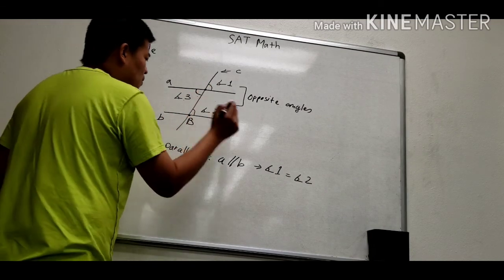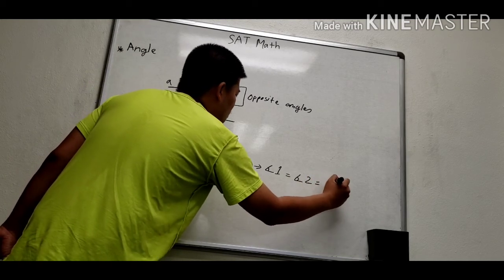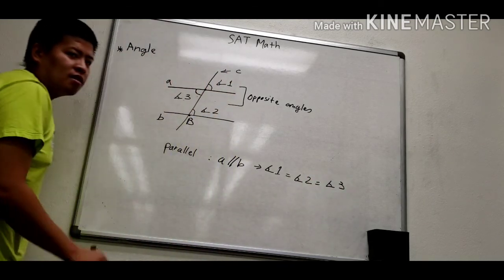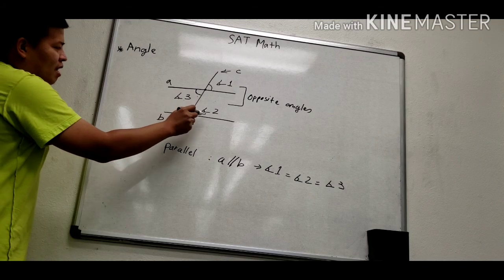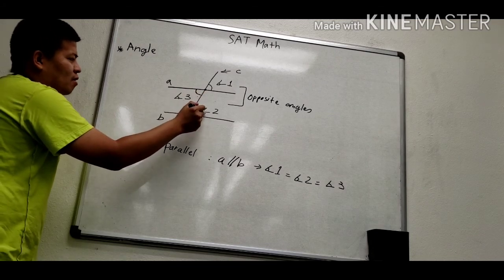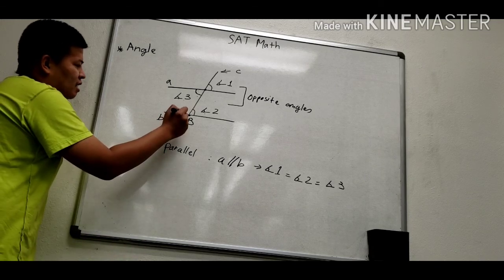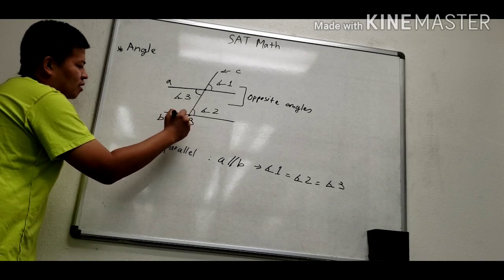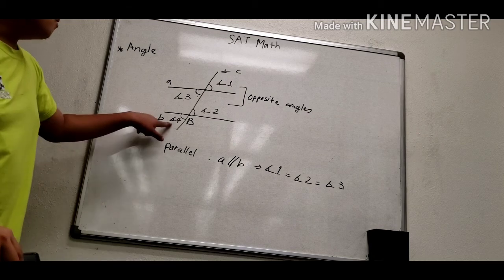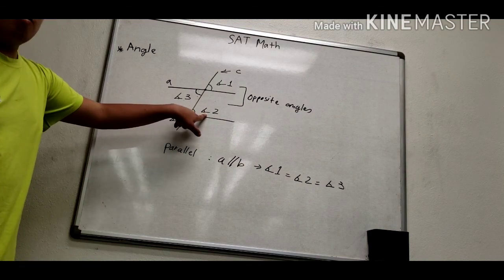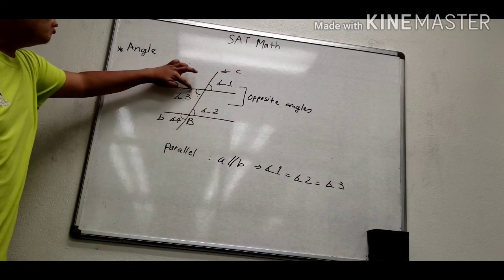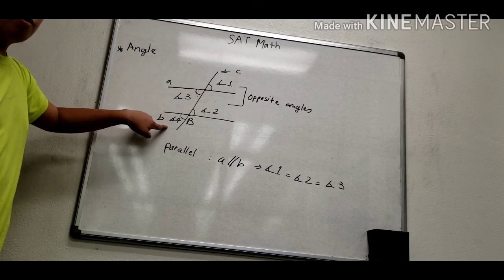So if we have parallel lines, angle number 2 equals angle number 3, and this is similar to angle number 4, which is opposite angle number 2, so angle number 3 will equal angle number 4.